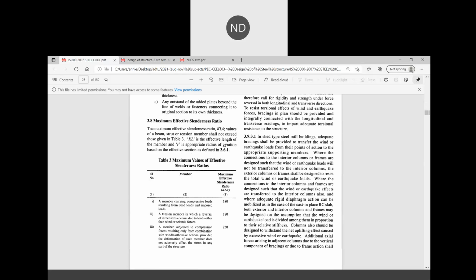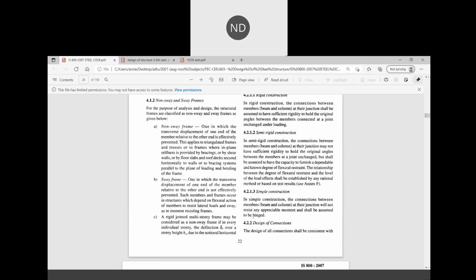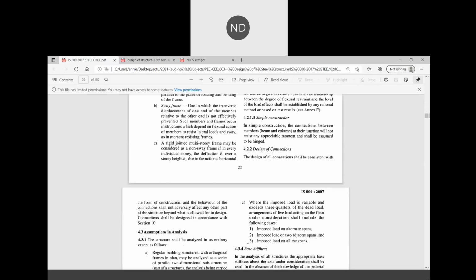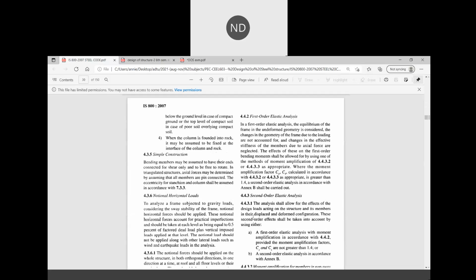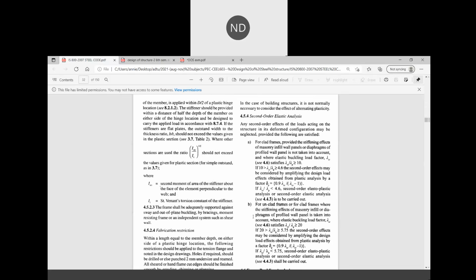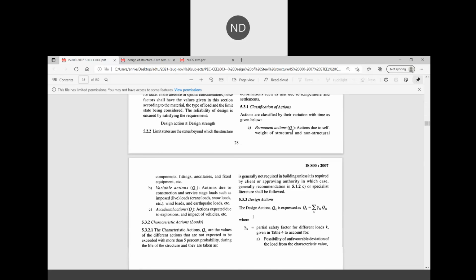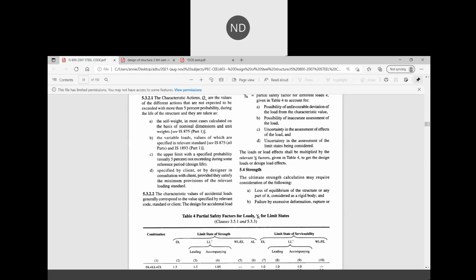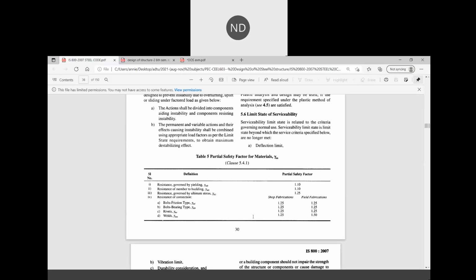We'll come to these things because we need all of them. As we proceed, we will have to go through the IS 800. The specifications, how much depth, how much size, how much length, safety factors, everything will be here. So you see here, this is table 5.